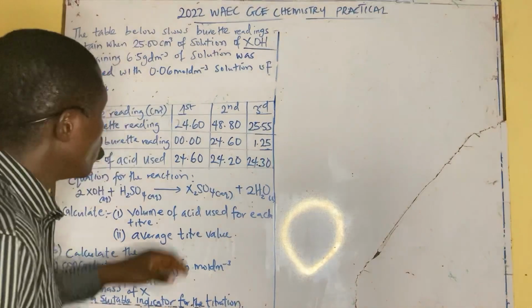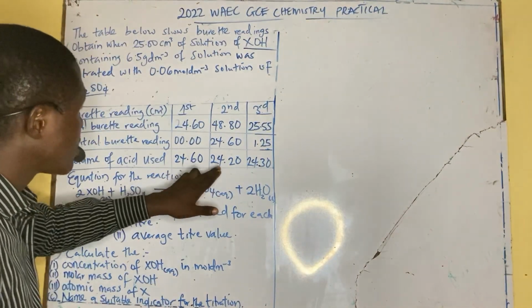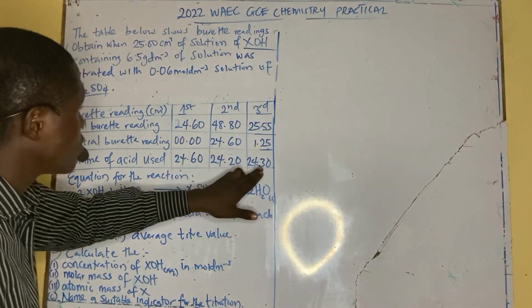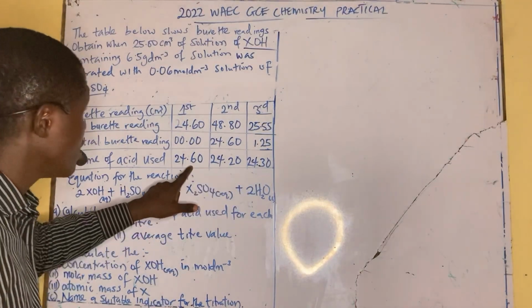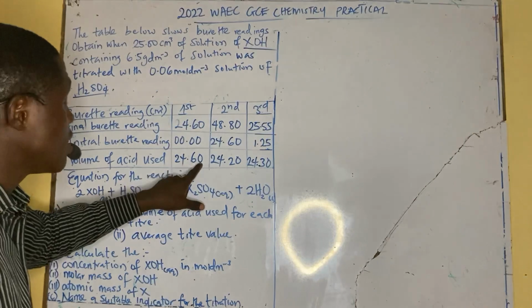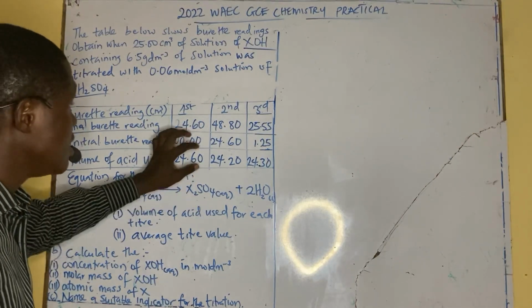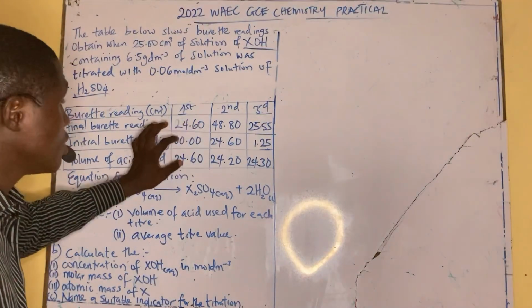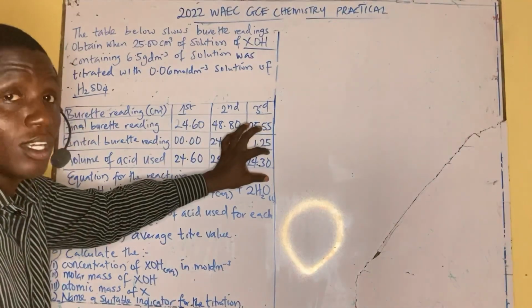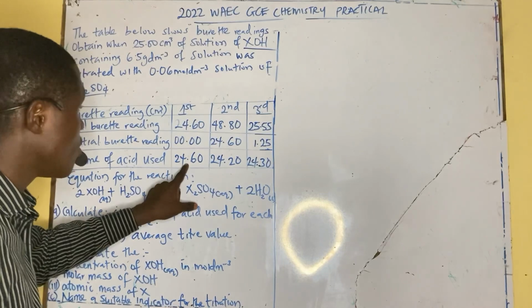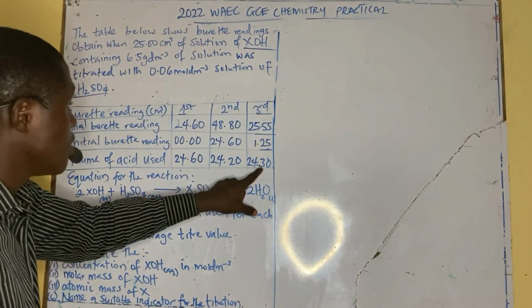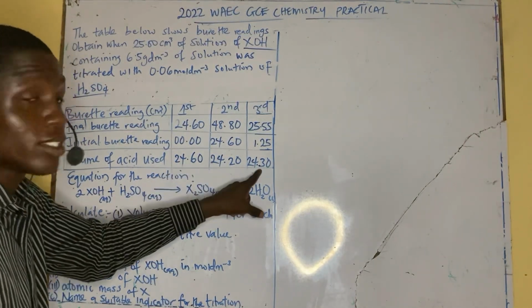Now, look at this very well. You can see that 24.20 and 24.30 have a difference of 0.1, compared to 24.60, which means that this is an outlier. This one is not concordant with these two values, because the difference between 24.20 and 24.60 is 0.4, and the difference between this and this is 0.3.